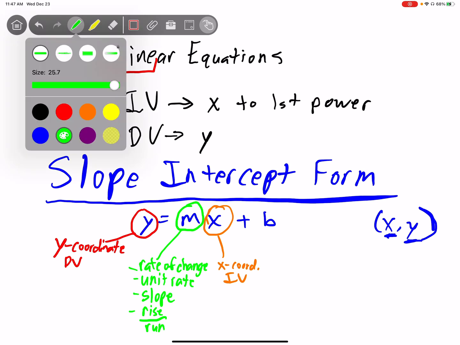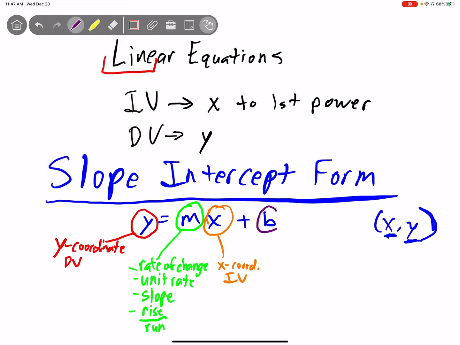And then finally, b. b is your y-intercept. What in the world is a y-intercept?